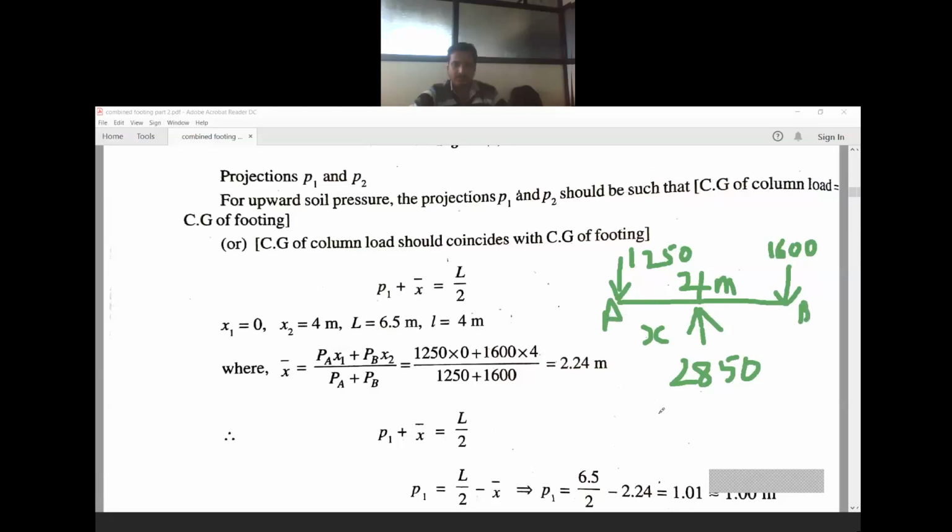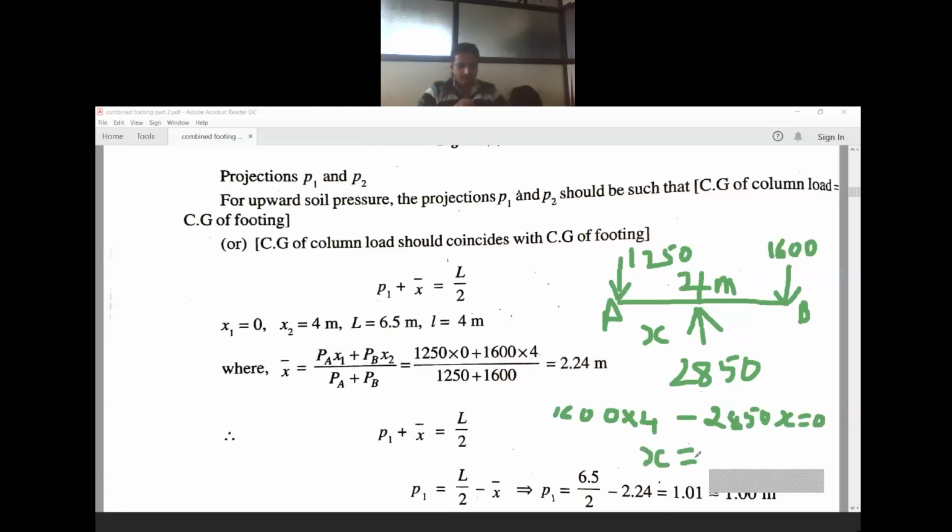So if I apply the equilibrium equation at A, I will get 1600 into 4 minus 2850 into x is equal to 0. So x value you need to calculate.